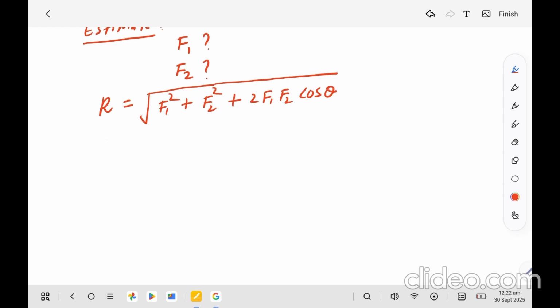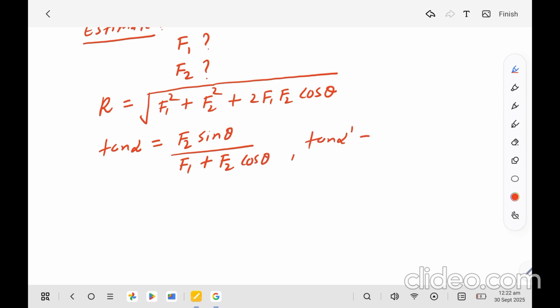Okay, and tan alpha is F2 sin theta divided by F1 plus F2 cos theta, and tan alpha prime equal to F1 sin theta divided by F2 plus F1 cos theta. Okay, so we need to estimate F1 and F2.